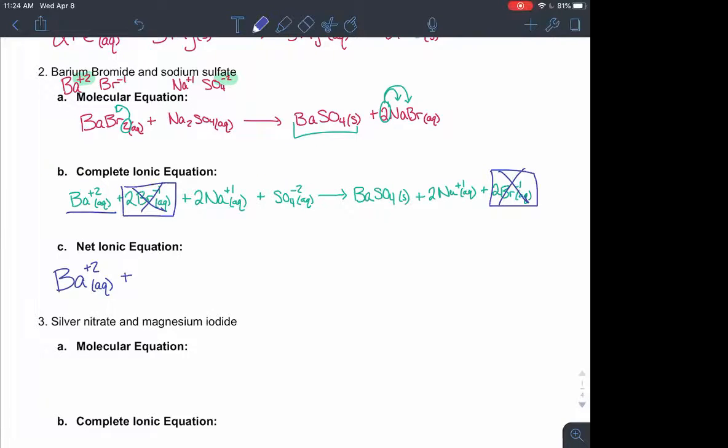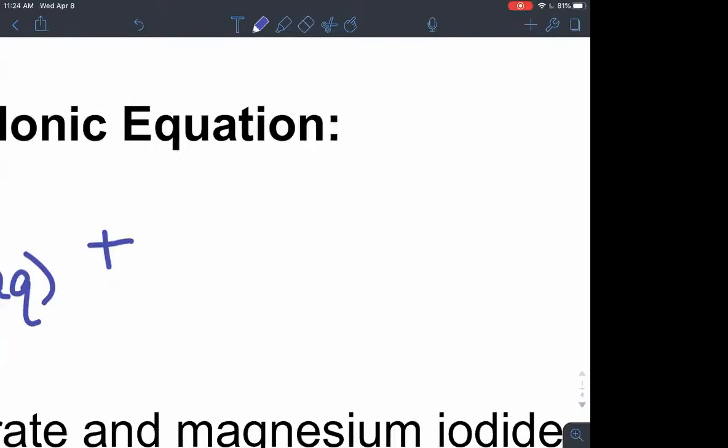What about our 2 sodium ions in aqueous solution? Yes. Yep, those are spectator ions too, so they go away. And what about our sulfate ion? No. No, so that one's also going to come out down into our net ionic equation.